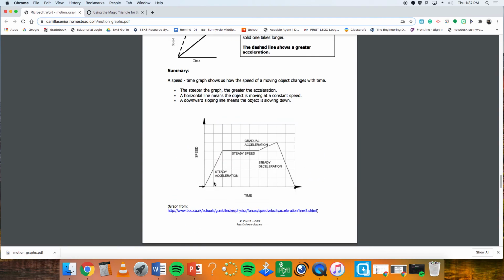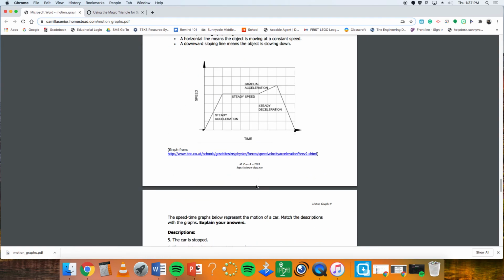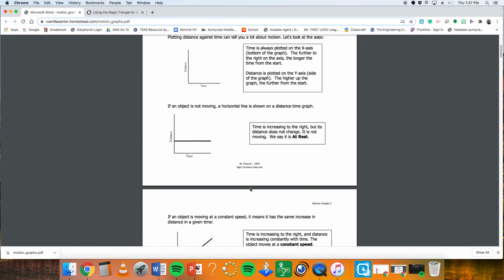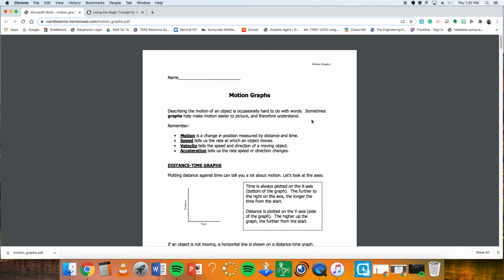And here is another great example of speed time graphs. So that's really it for 8.6B, understanding and being able to differentiate between speed, velocity, and acceleration.